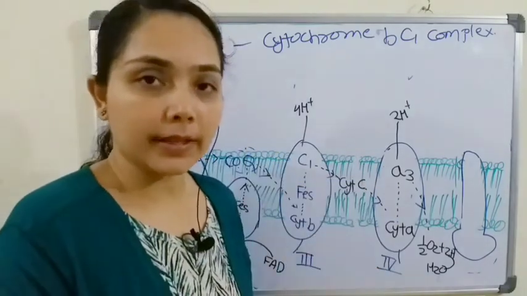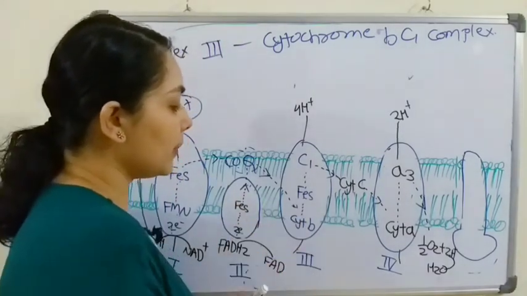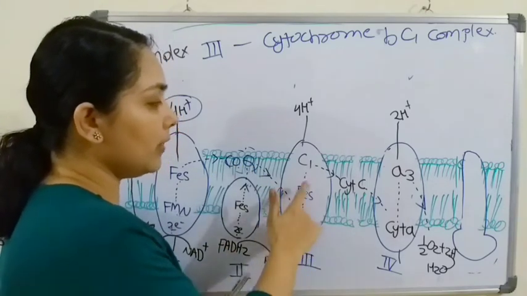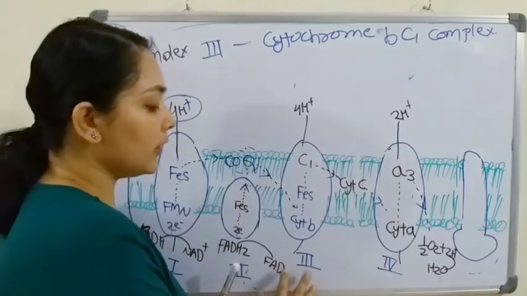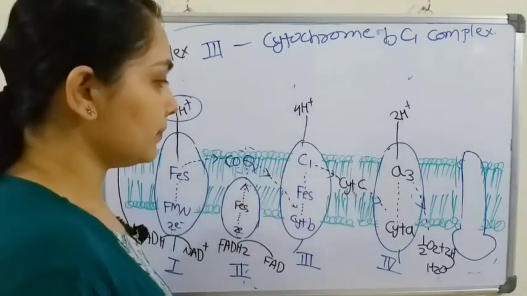We'll discuss the Q cycle in the next class. Just remember that from coenzyme Q, the electrons go to cytochrome b, FeS and c1, and 4 protons are transferred from the matrix to the intermembrane space.